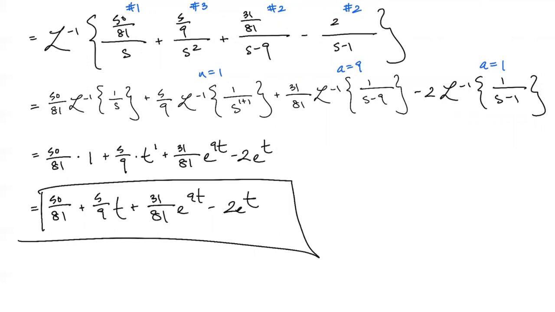But to be really clear, these last two correspond to our y sub c, and these first two correspond to the y sub p that we found in the other methods, okay?